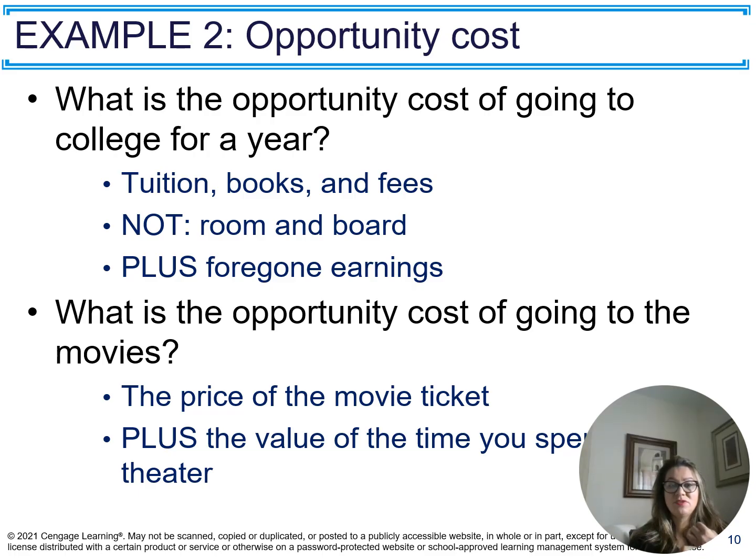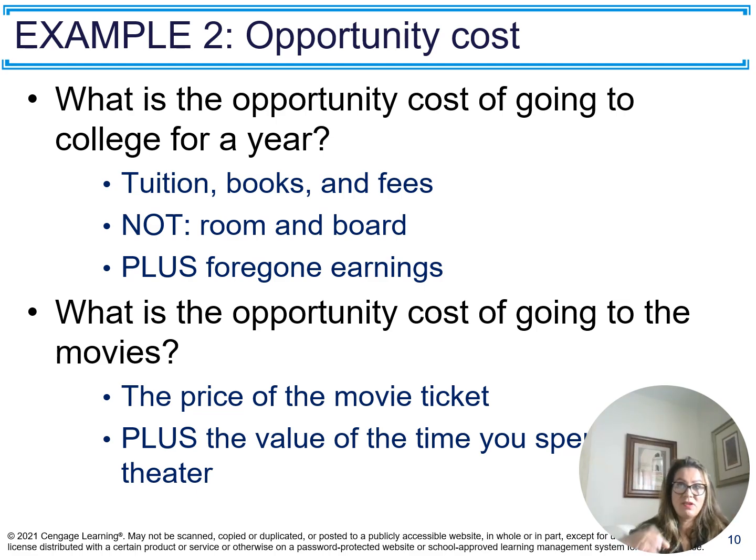So tuition, books, and fees, that's a cost of going to college, but that's not the opportunity cost. Room and board, you're spending money on that anyway, right? You have to live somewhere. You have to rent an apartment even if you're not going to college. But the third option, that is, foregone earnings, that is the opportunity cost of going to college, right?